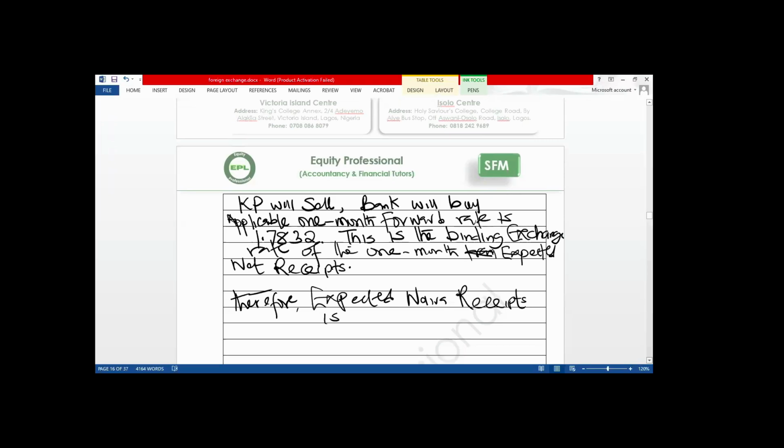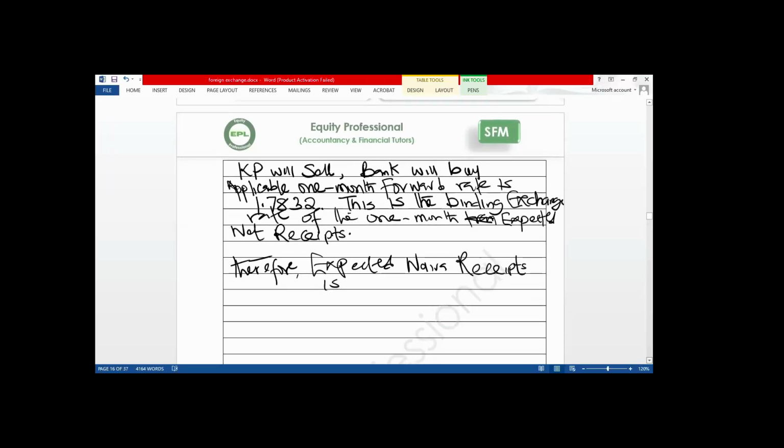Look at it, please. The amount is $2 million C dollar divided by 1.7832, the applicable forward rate. Please, when you divide, that will give you the Naira equivalent expected in 1 month.